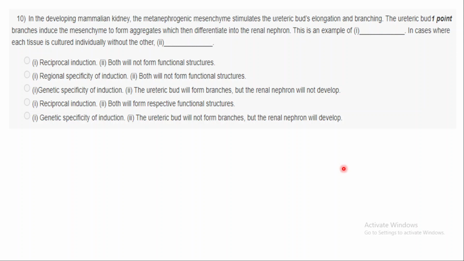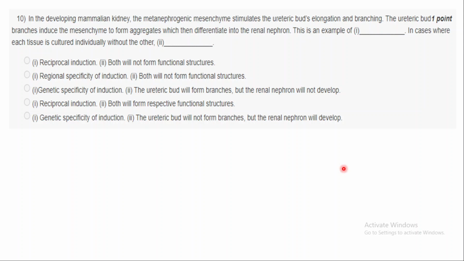So there are two fill in the blanks. You have to fill in the blanks with the correct options. Option A, reciprocal induction, and number 2 will be both will not form functional structures. Option B, regional specificity of induction, both will not form functional structures. Option C, genetic specificity of induction, ureteric bud will form branches but the renal nephron will not develop.